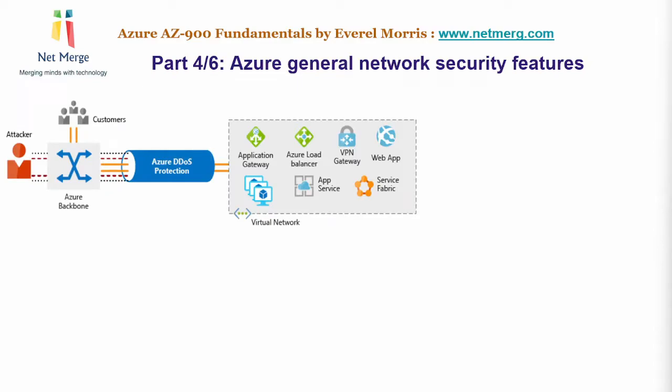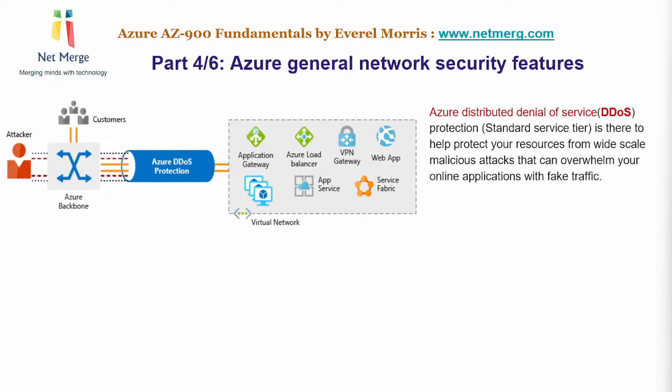Now we talk about denial of service. This is your denial of service protection. What it really does is prevent fake traffic from inundating your resources with false information and pretending that your system is busy when it's really fake traffic.